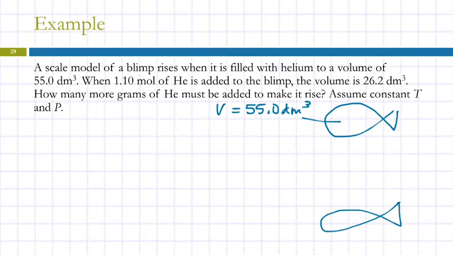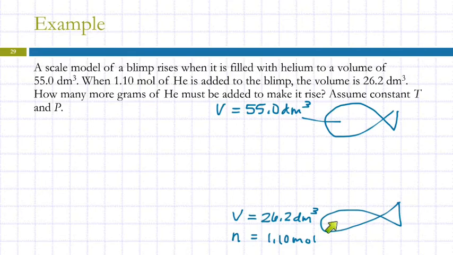So we put 1.1 moles of helium into the blimp. Started out flat. And the volume is 26.2 cubic decimeters. Now, cubic decimeters is a unit that we haven't used very much. But, like cubic centimeters or cubic meters, it's a volume unit. It's okay. So that's the volume, and this is the amount of gas in moles.